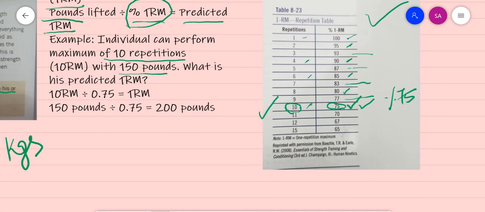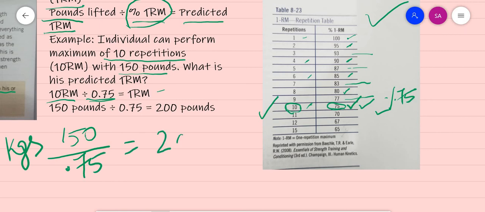What is his predicted 1 RM? 10 RM divided by percentage of 1 RM, you will get 1 RM. So he has lifted 150 pounds. Pounds lifted divided by percentage, this will be 75%, 0.75. It comes to 200.